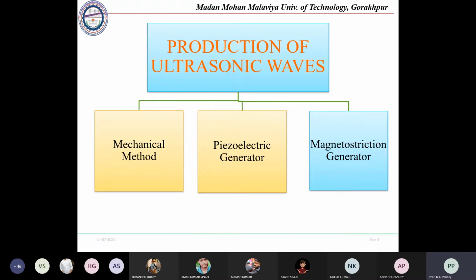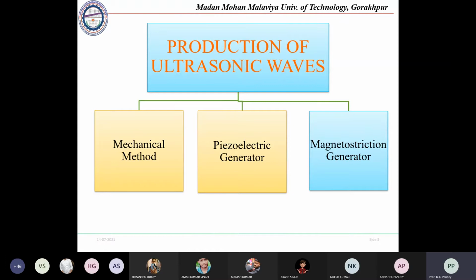First is the method in which we mechanically produce ultrasonic waves. Different sirens are there, and different beats can be produced mechanically using different instruments. Then we have the piezoelectric generator, a device in which the piezoelectric effect is used to produce ultrasonic waves.